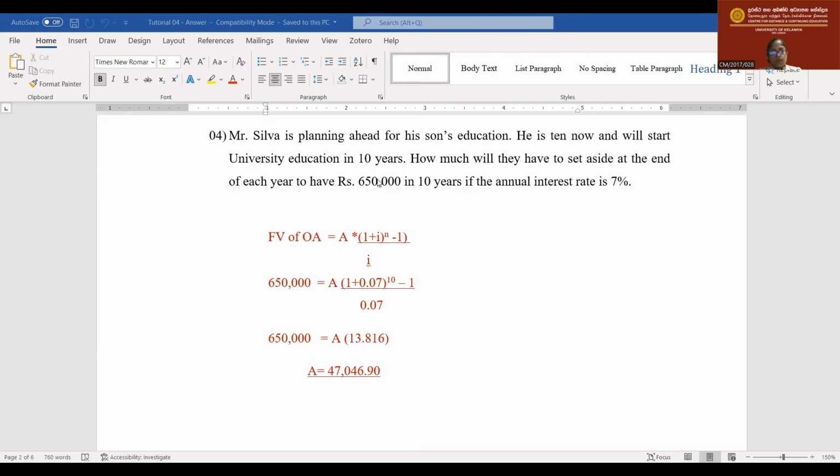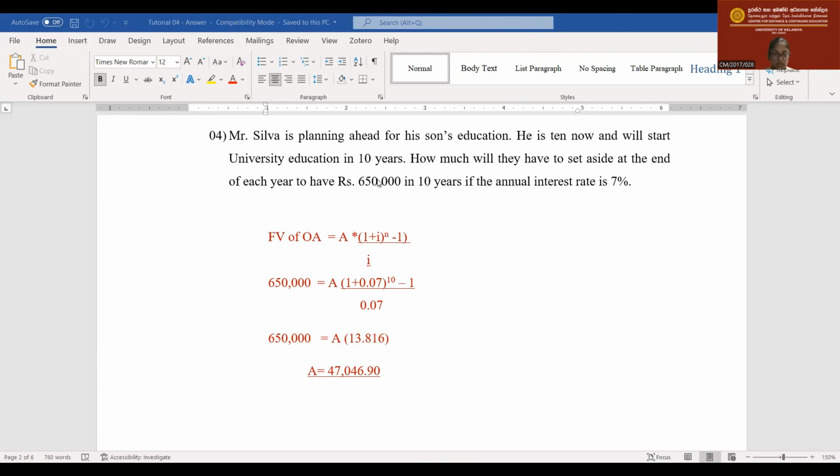So take the calculator, 1 plus 0.07. You get 1.07, then press the power sign, then type 10, then equals, and you obtain the value. From that value, subtract 1 and then divide by 0.07, right? I'm again saying the steps.